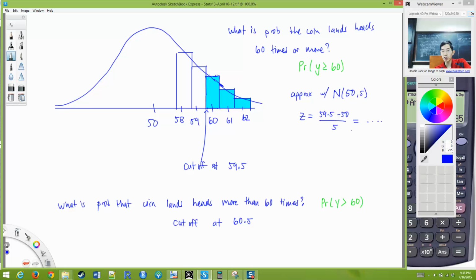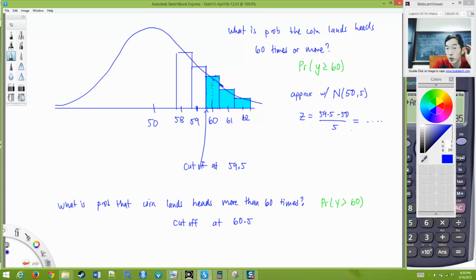By shading in the bar centered at 60, my cutoff is not at 60 itself, okay? It's not down the middle here. It is at 59.5, halfway between 59 and 60, because the bar centered at 59 goes from 58.5 to 59.5, and the bar centered at 60 goes from 59.5 to 60.5.